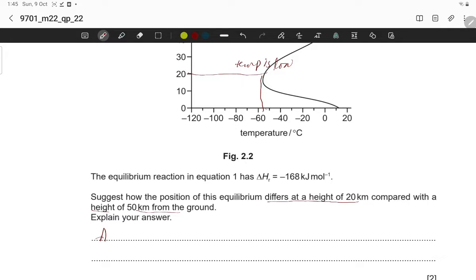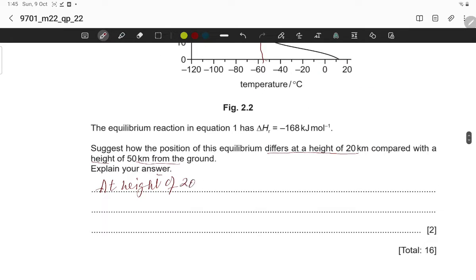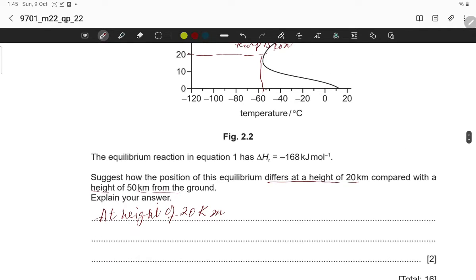At a height of 20 kilometers, temperature is decreased. Equilibrium will shift forward, because low temperature favors the exothermic reaction, as the overall reaction is exothermic.